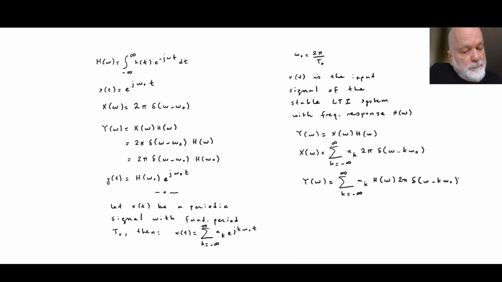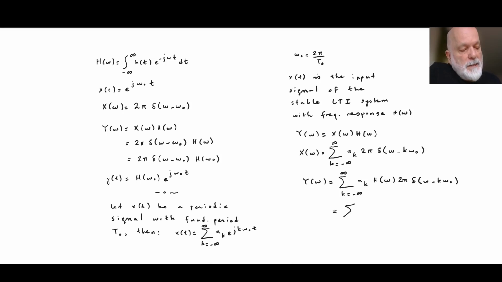And in fact, again, we know that the impulse delta of omega minus k omega 0 is 0 everywhere except at omega equal to k omega 0. Therefore, this omega can be replaced by k omega 0.